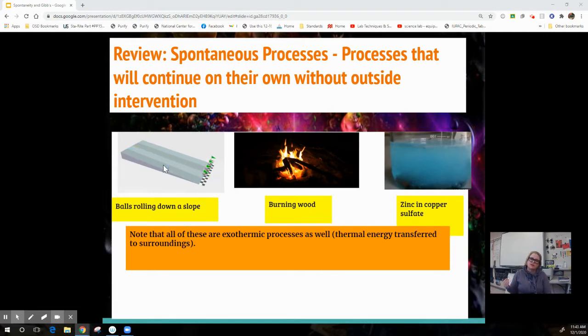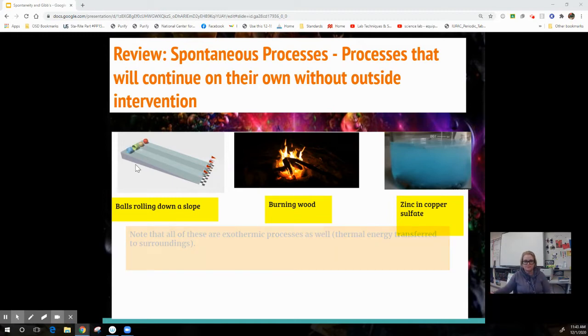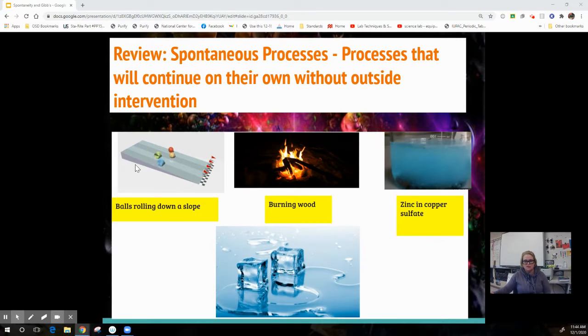We can have spontaneous processes that are also endothermic as well. Let's look at melting ice. If I set an ice cube out into a room that's room temperature, the ice will spontaneously melt by itself.